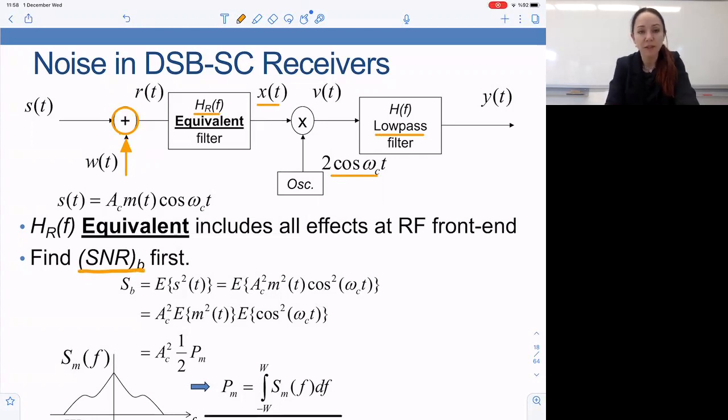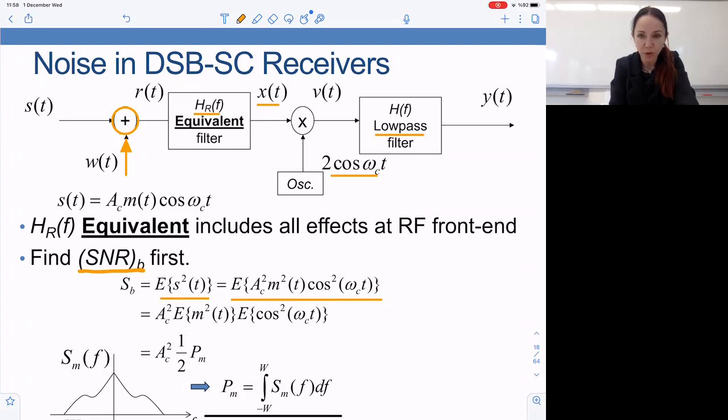We defined this last time as the ratio of the message power to the noise power in the message bandwidth. So the signal power is the expectation of the modulated waveform, which we can represent as m(t) A_C cosine ω_C t.